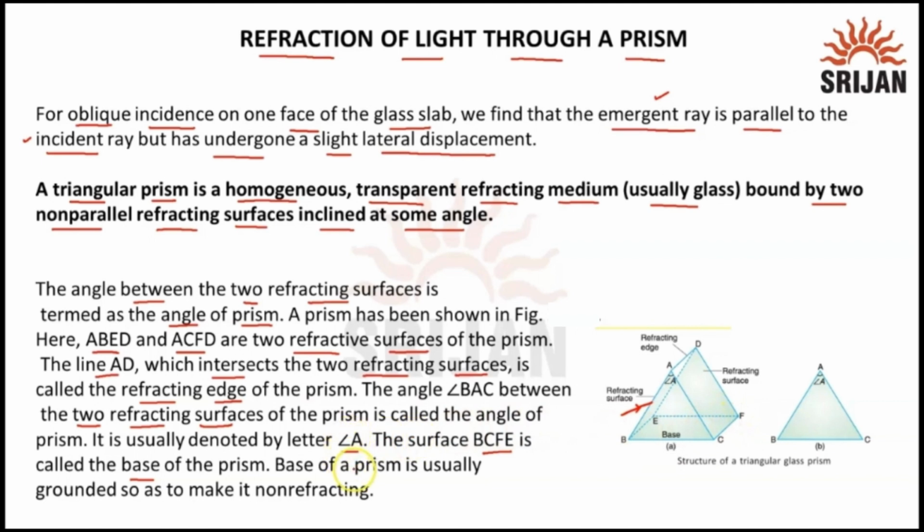The base of a prism is usually ground so as to make it non-refracting. It is also shown in the picture that ABC is actually not the base. It represents the front face of the triangular prism.